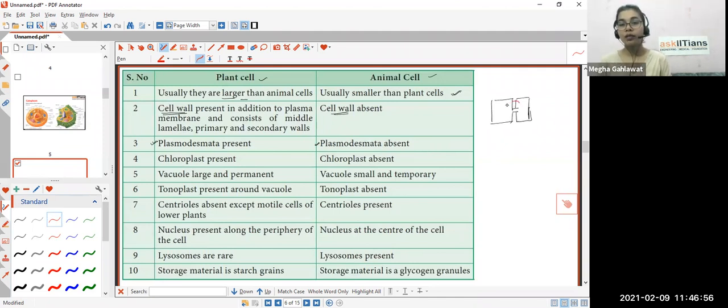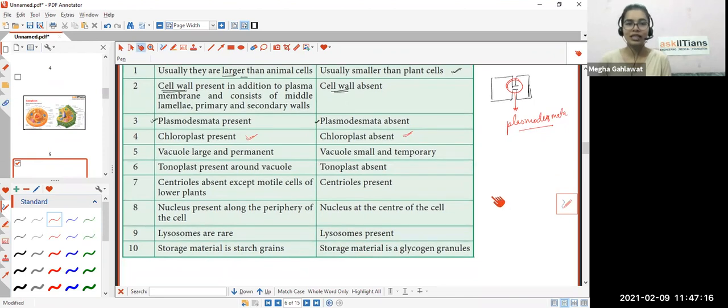Okay, and that particular connection will be called plasmodesmata. So plasmodesmata is the cytoplasmic connection between the plant cells. Okay, and then chloroplast is present here, chloroplast is absent here, which is quite obvious, right? Because we cannot do photosynthesis.